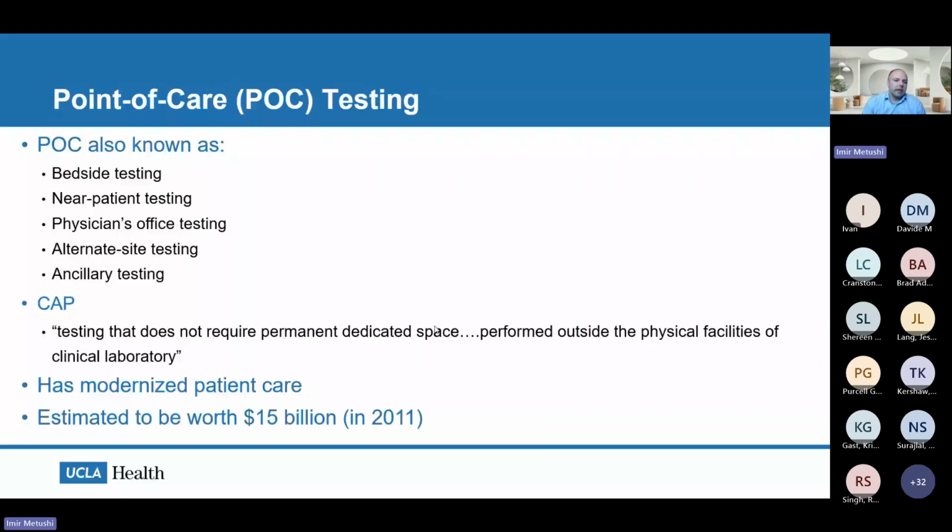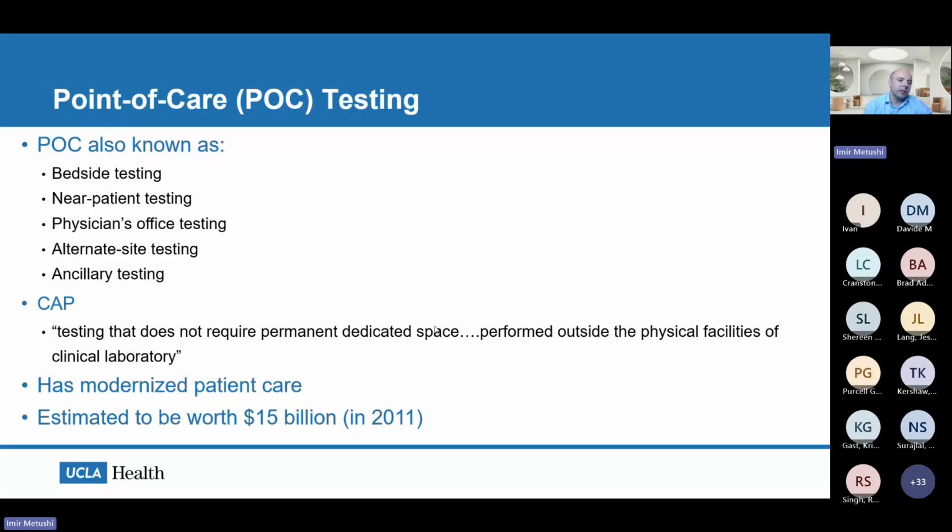And also some of the other drivers to try to reduce some of this burden from the clinical labs is point of care testing. This is testing that is done at bedside, near patient, physician office. So it's not just testing that is done at the clinical laboratory, but it can be done otherwise. And there are some incentives to this testing that make it more feasible than clinical lab testing, which is medium complexity.